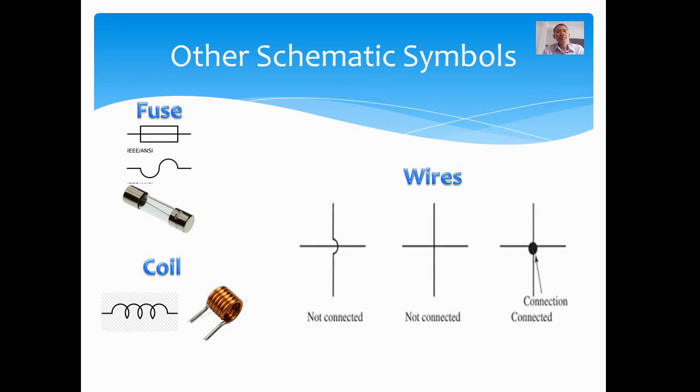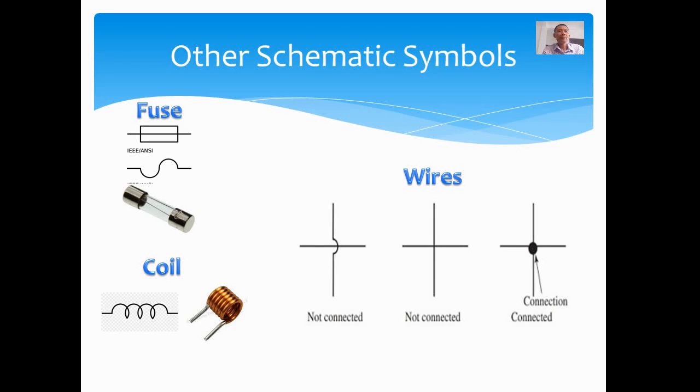And then, rules on wires. If you see a loop, or a jumping loop, on an intersection, it means that the wires are not connected.